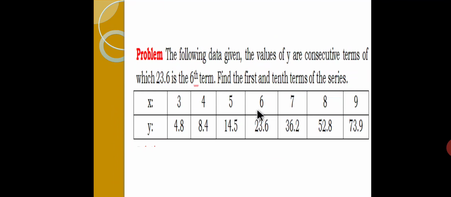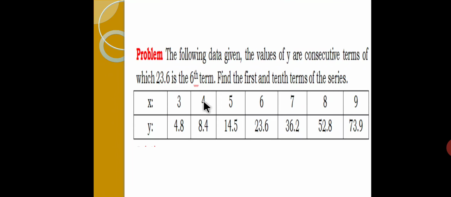Now the problem: for the following data, the values of y are consecutive terms of a series, of which 23.6 is the sixth term. Find the first and 10th terms of the series. So in this problem, we have to find the first value and the end value.